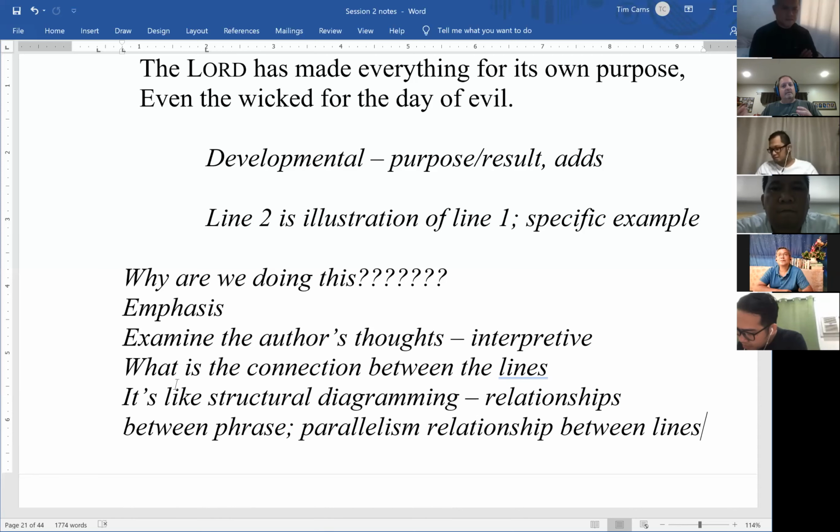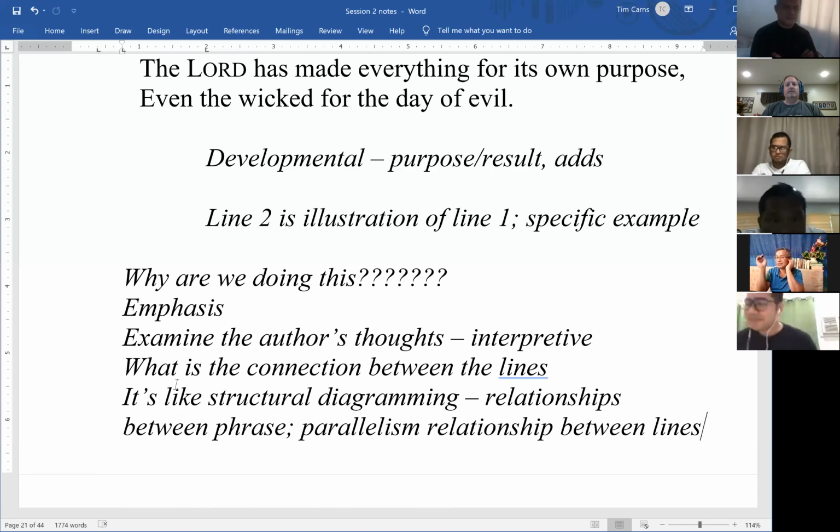But the thing that it helps us is knowing that parallelism is being used. Now, when we go outside the Psalms or the Proverbs, parallelism is not commonly used. Like among the prophets, they'll use it sometimes, but not often. Parallelism is primarily within the Psalms, Proverbs, and then it's used at times in other poetic writings.